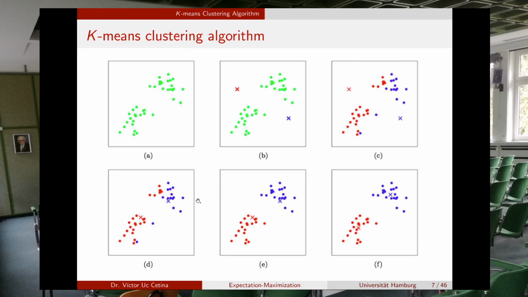So here is an example where we can see what is going on with this algorithm. First, you are given a set of input vectors. All the points are painted here in green because it means that we don't have labels for the points.